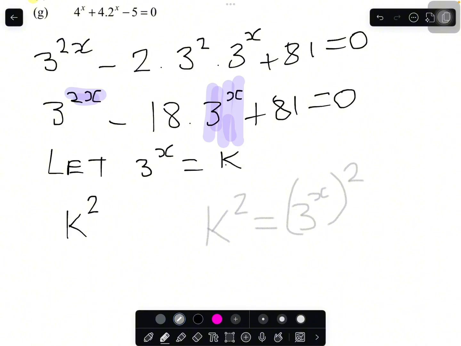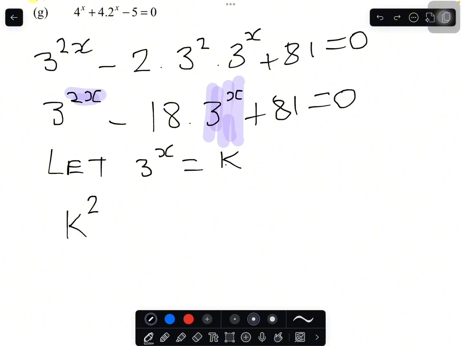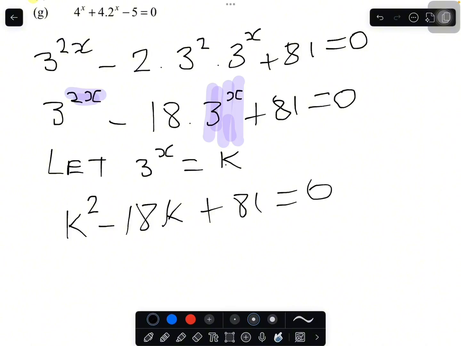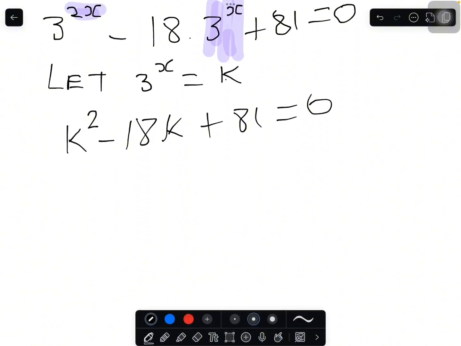And since this right here is k, we're putting it in there. So now, since we understand that, we can say minus 18k plus 81 equals 0.